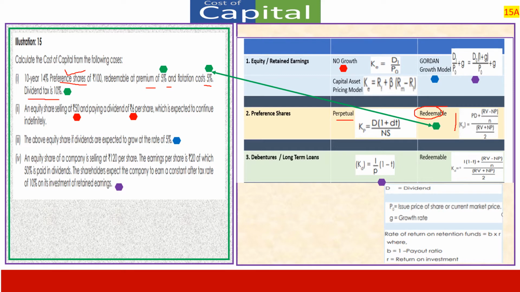We may have to consider PD, preference dividend, as preference dividend into 1 plus dividend tax. That modification we will be doing, but on the whole we will be using this formula in the course of solution.